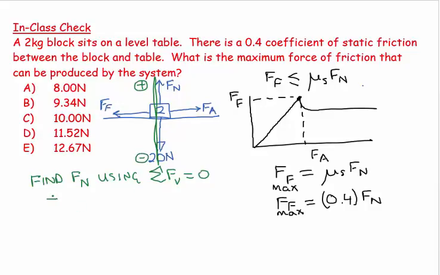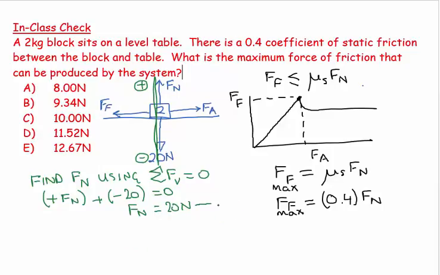And I say plus Fn, because it's pointing upwards, added to minus 20, because it's pointing downwards, equals 0. So Fn is equal to 20 newtons. It's pretty trivial when you're horizontal, but when you're at a slope, you might have to work a little bit harder to get it.